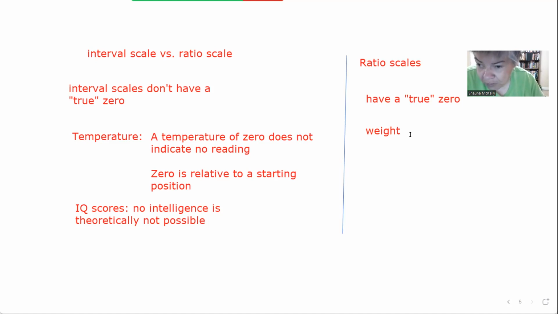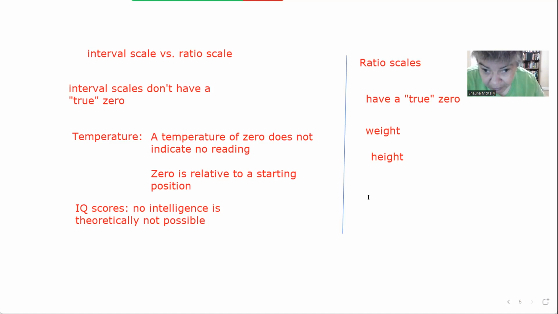If you put nothing on the scale, it will show 0 weight and you pay $0. If you put a pound on the scale, you pay however much a pound is worth. Weight. Another one that's a ratio scale is height. Height is a ratio scale, right? 0 height, you don't grow, right? You have a certain height.